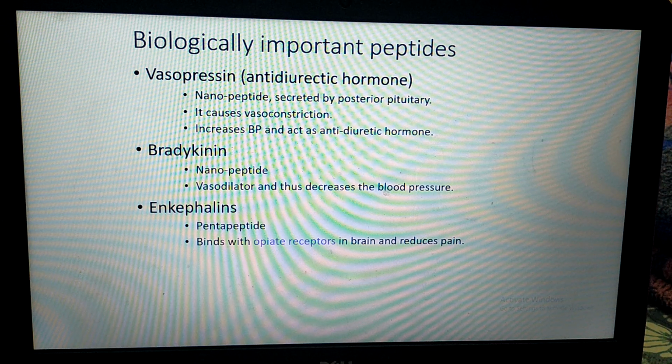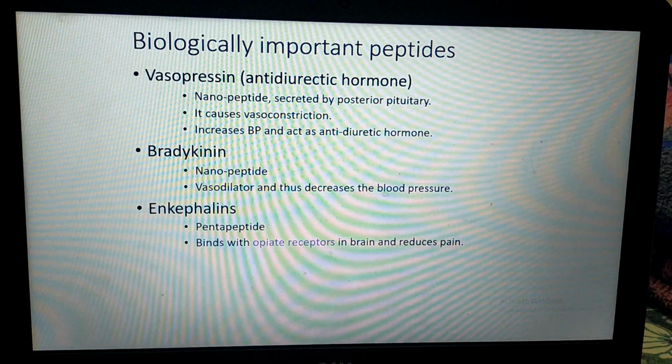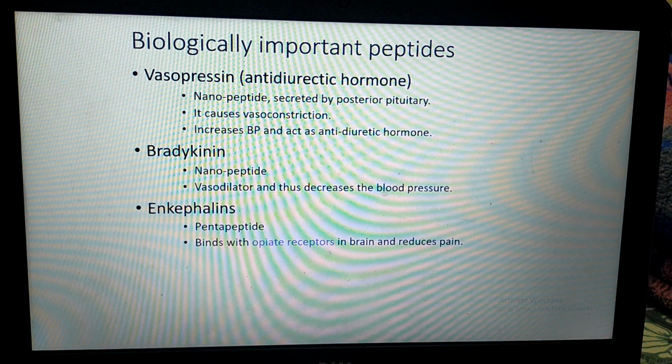They bind with opiate receptors in the brain and reduce the pain. You may know that when you get an injury, suddenly you get pain, but after some time, slowly the severity of the pain decreases. Why does this happen? Because these enkephalins are synthesized whenever we have an injury. Now these enkephalins bind with the opiate receptors.